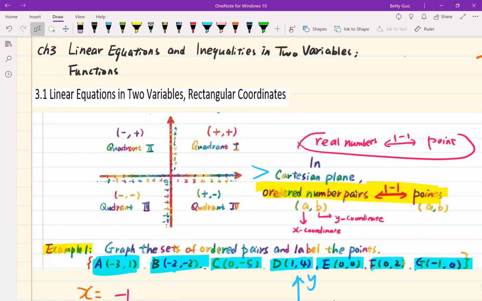Linear equations in two variables are straight lines. And then we also covered how we define a solution for a linear equation in two variables, and how we find the x-intercept and the y-intercept for a linear equation in two variables.